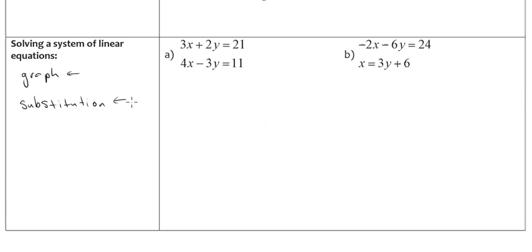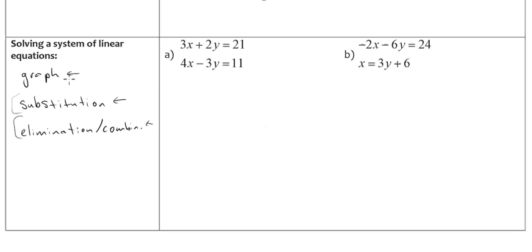And substitution can be pretty useful in those cases. And the one that maybe you're the most used to right now is elimination, or combination, sometimes as it's referred to. All right, and so we're going to use substitution and elimination here in this review.